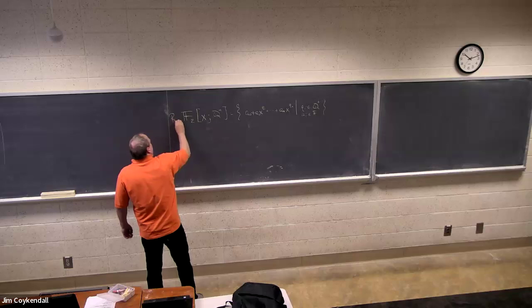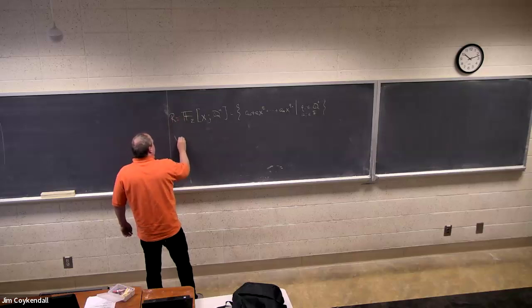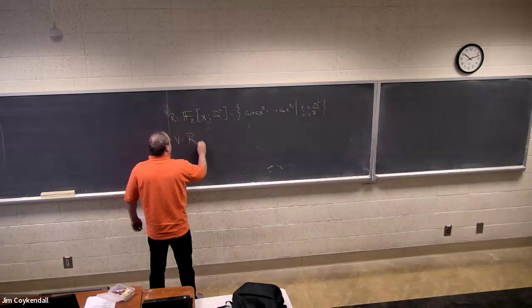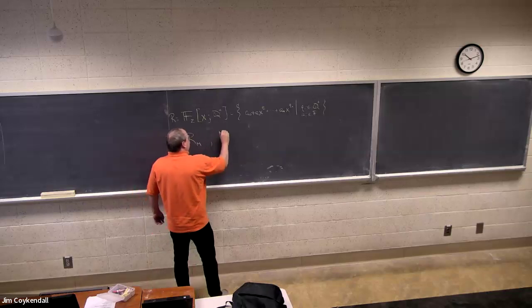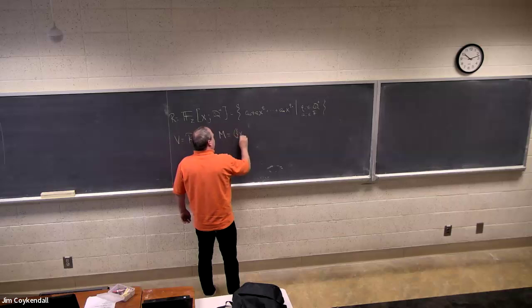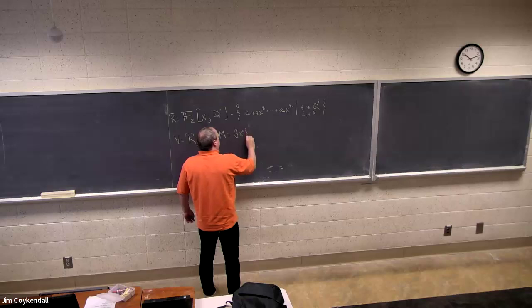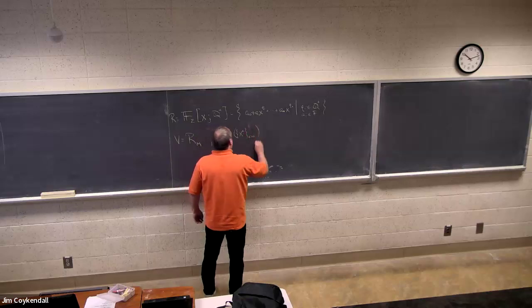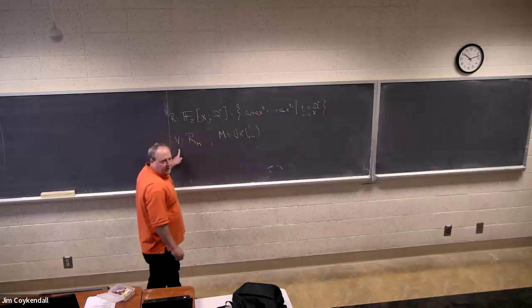If we let this be R and V equal R localized at M, where M is the ideal generated by the set x^alpha, where alpha is bigger than 0, then V was a valuation domain.